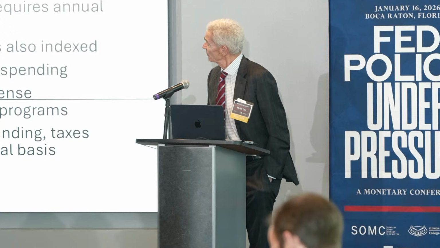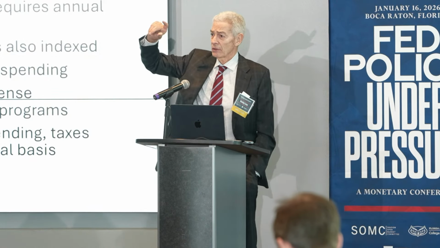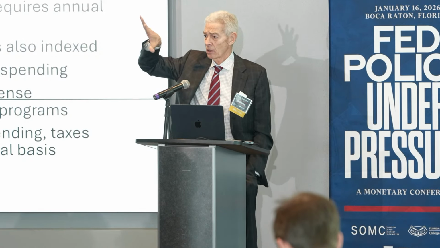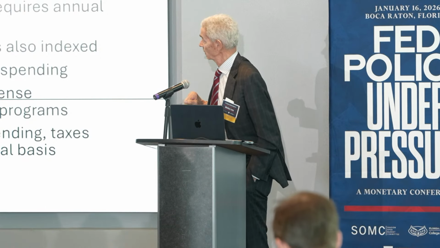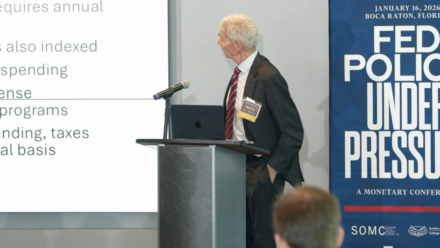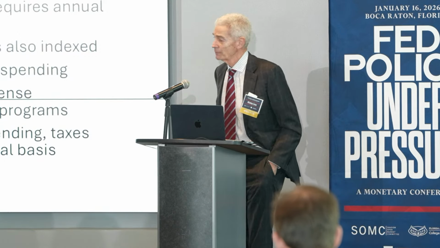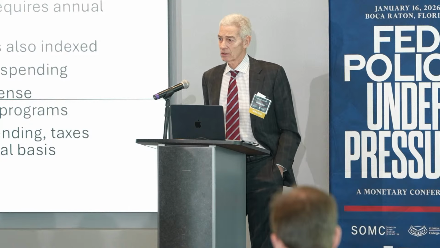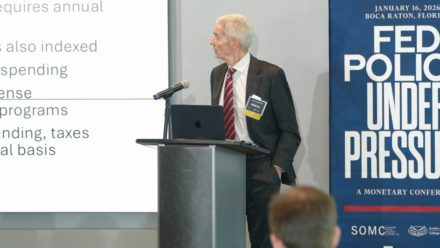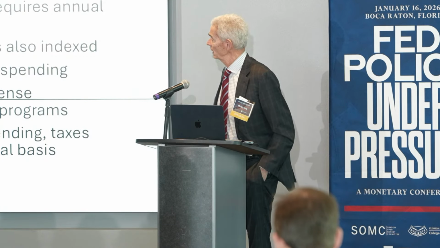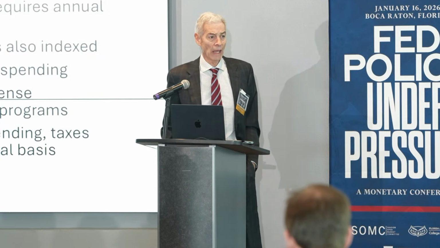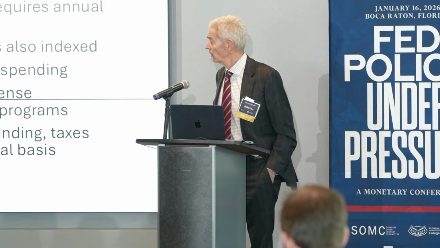On budgeting for entitlement programs, I want to underscore that word, entitlement, because Social Security, Medicare, food stamps, and net interest costs were considered under the term entitlement. And entitlement spending does not require annual legislation by Congress.